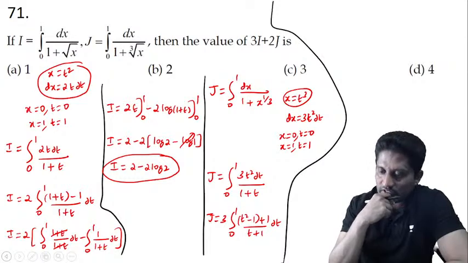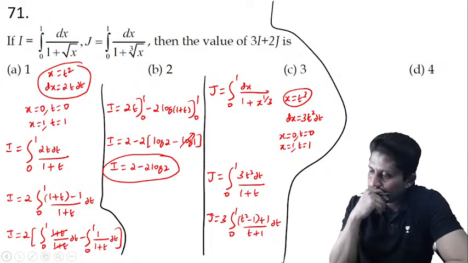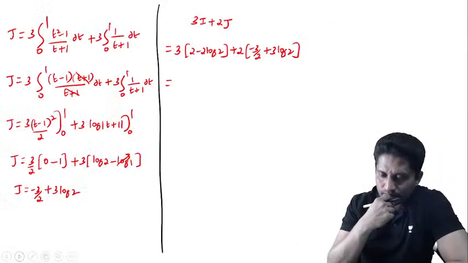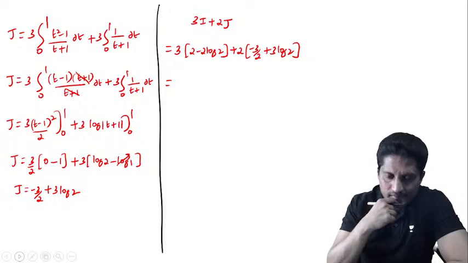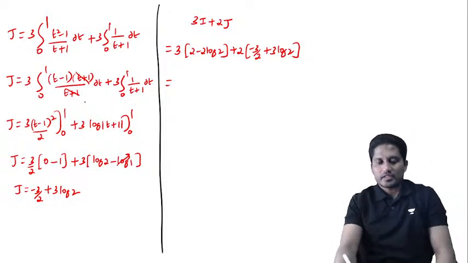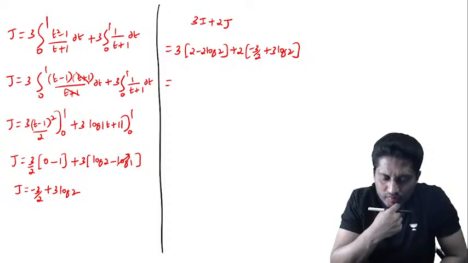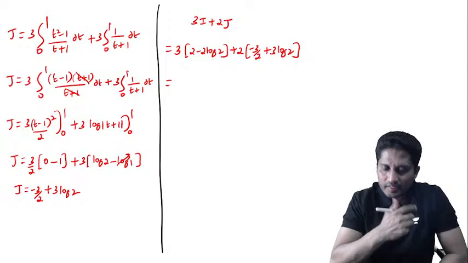Three I plus 2J, right? Three log 2 minus integration of t, which is t square by 2, between the limit 0 to 1. 0 minus 1 the whole square is 1, so you get minus 3 by 2 log 2.